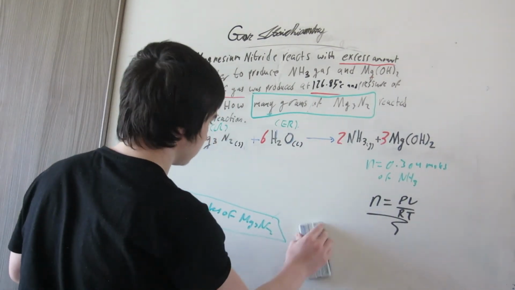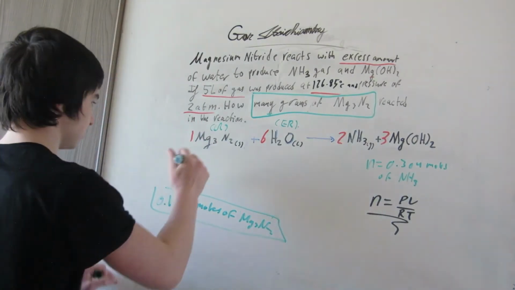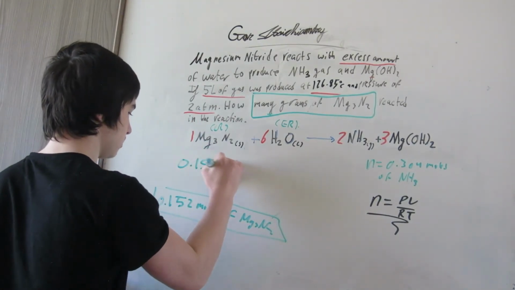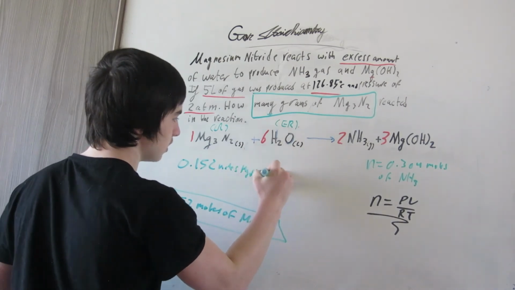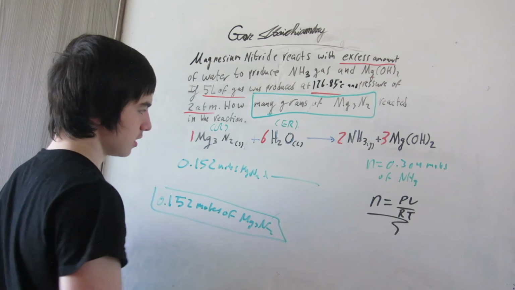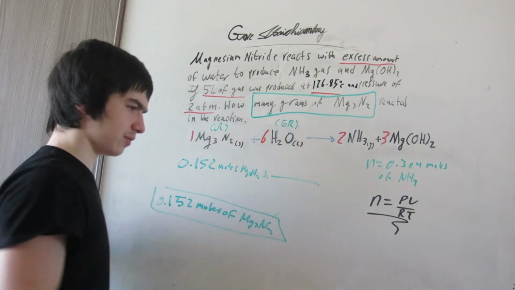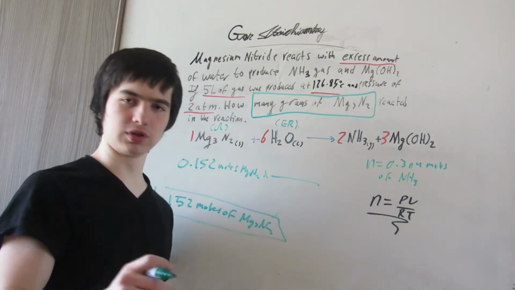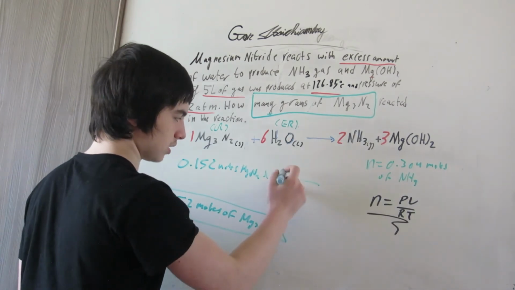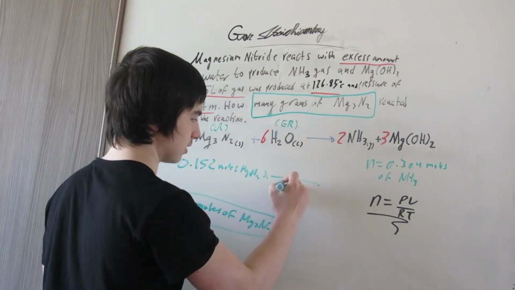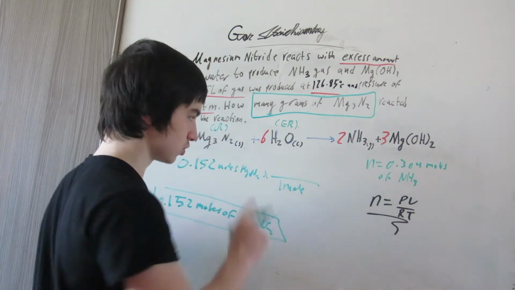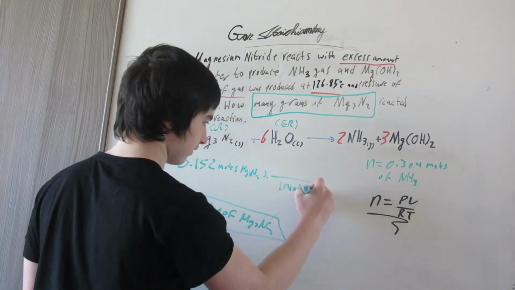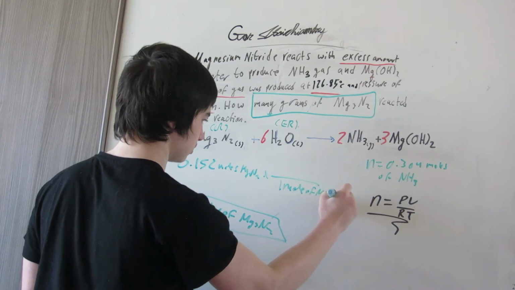So we have 0.152 moles of Mg3N2 multiplied by the fraction. In order to get rid of moles, where do you put moles? Down or up? You're right, we write the units down. So always it's 1 mole, because you're going for the molar mass, which is always 1 mole of Mg3N2.